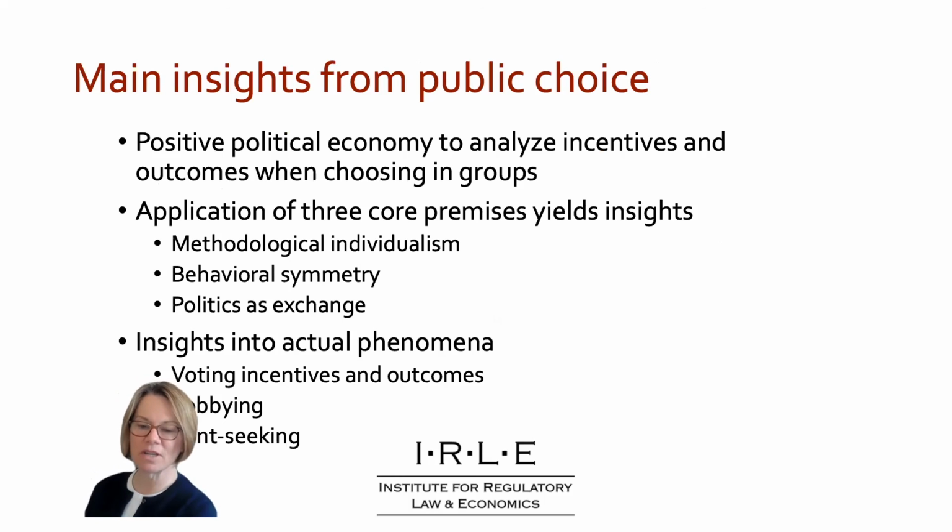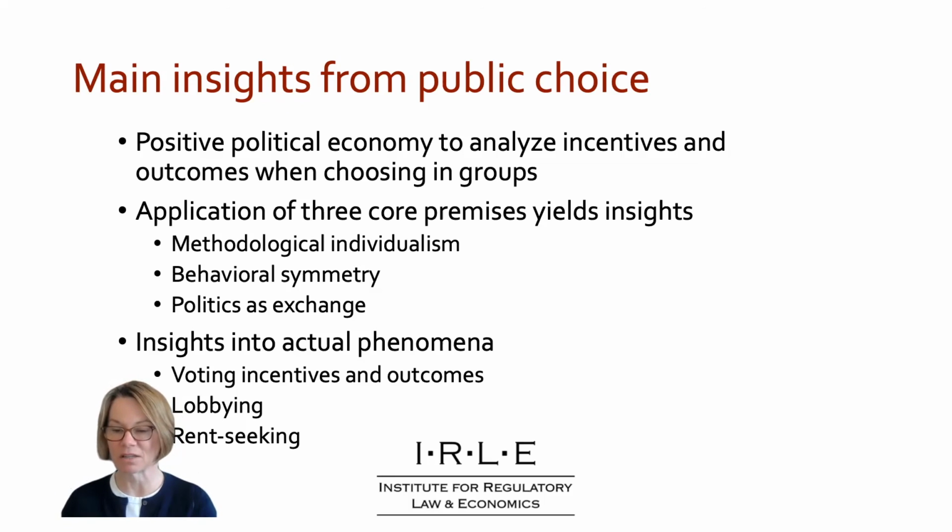So in summary, I think some of the main insights from public choice are that public choice economics gives us a positive political economy that we can use to analyze the incentives and outcomes that occur in collective action when we make choices in groups. And we do that by applying the three core premises, and that yields us a lot of insights. Right?